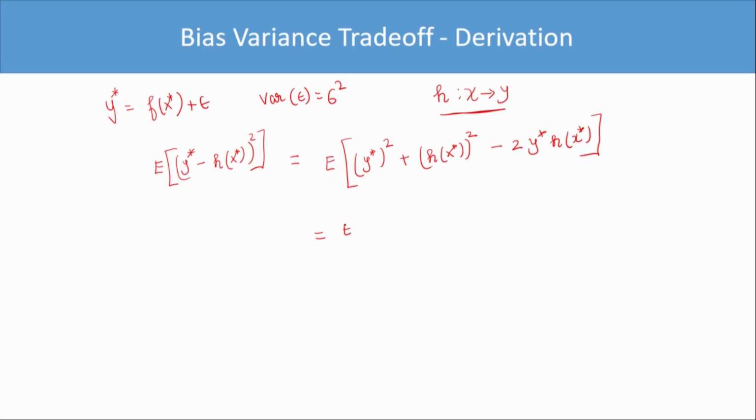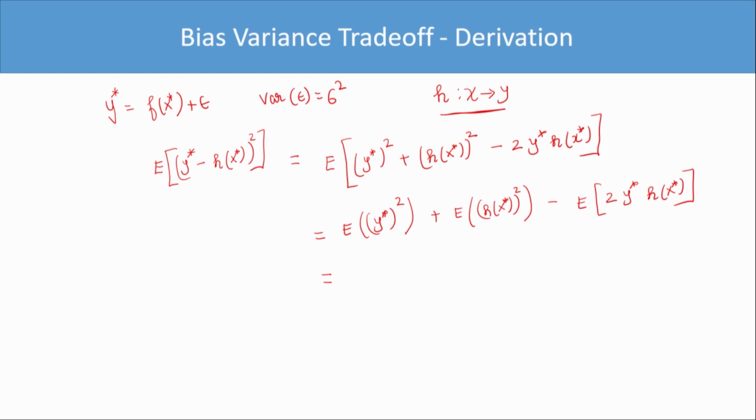So this becomes the expectation of y star squared plus the expectation of h of x star squared minus the expectation of 2 y star h of x star. So what can we say about the expectation of y star squared?